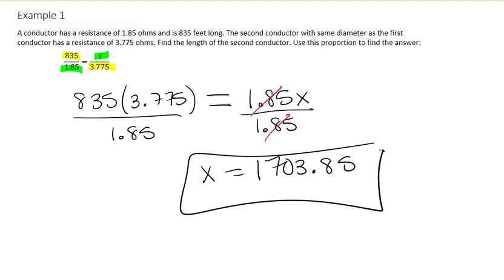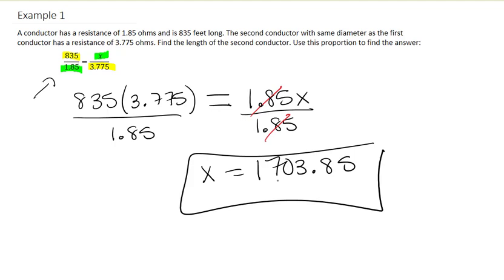And that would be the length of the second conductor. So you can see when we look at our proportion that when we went from 1.85 to 3.775, we nearly doubled in size. And when we went from 835 in length, we then went to 1,703 in length. So we nearly doubled again.